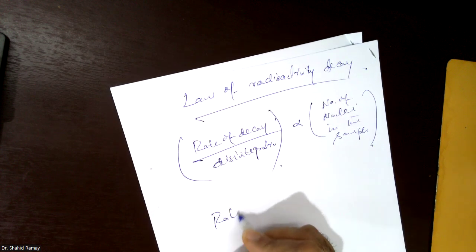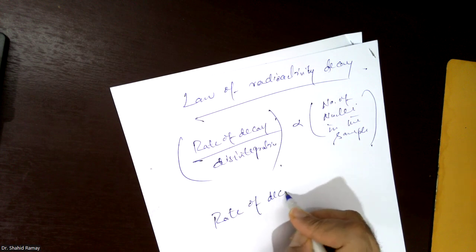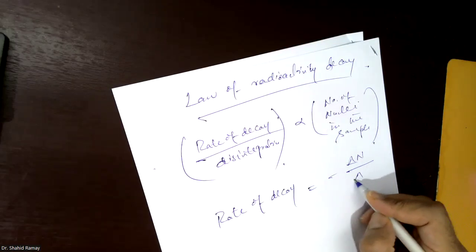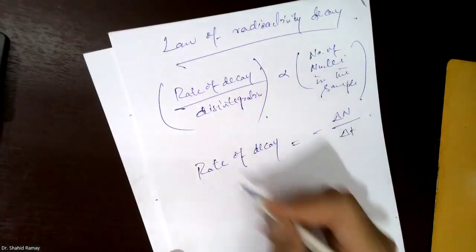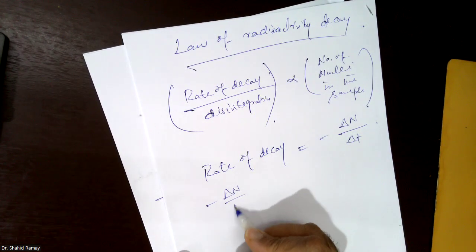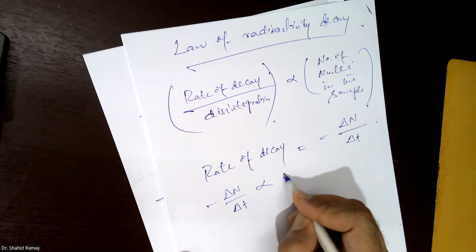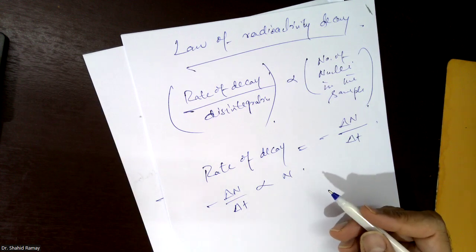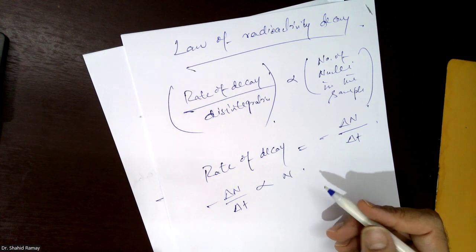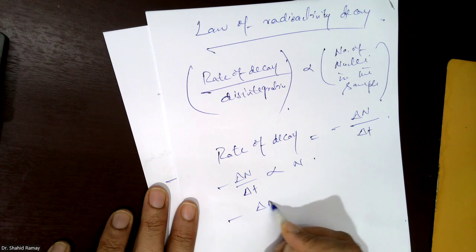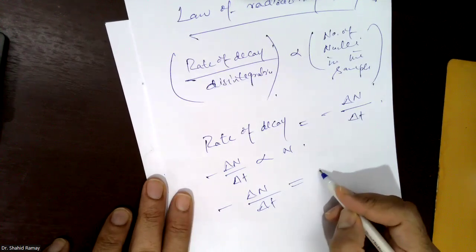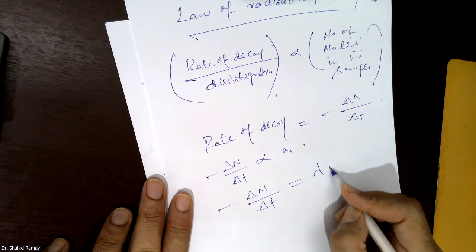The rate of decay is actually equal to minus delta N over delta T. According to the upper relation, minus delta N over delta T is proportional to N, where N is the number of nuclei in the decay process. So delta N over delta T is equal to, and then we need a constant, called the decay constant lambda, times N.